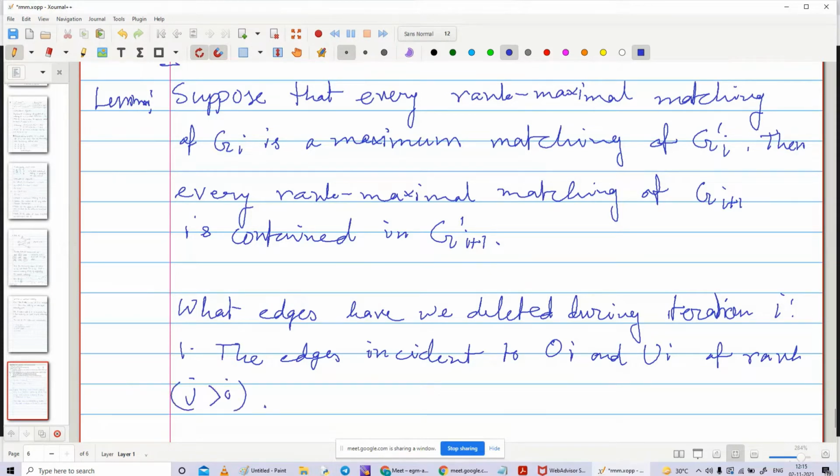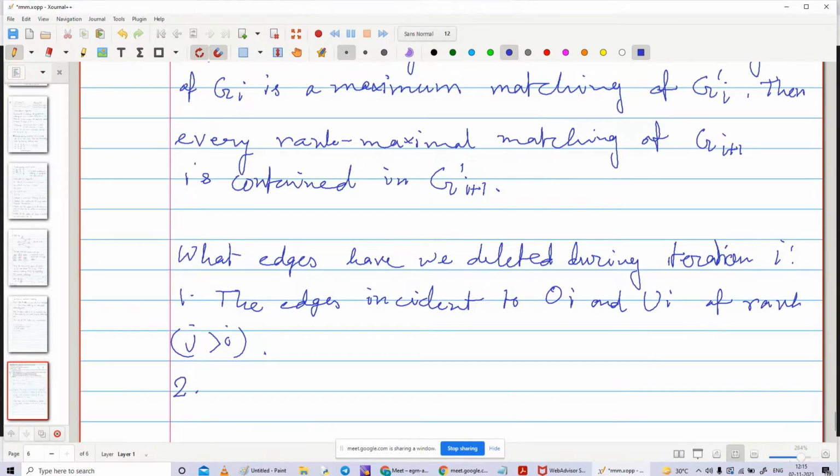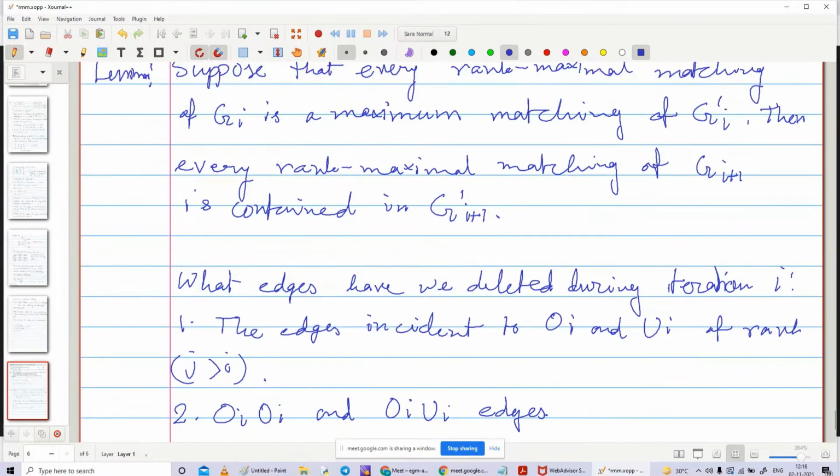And two is the Oi and Ui edges. So our claim is that the edges that we are deleting will not be part of any rank maximal matching. In that case, every rank maximal matching will be contained inside this G prime i plus 1.